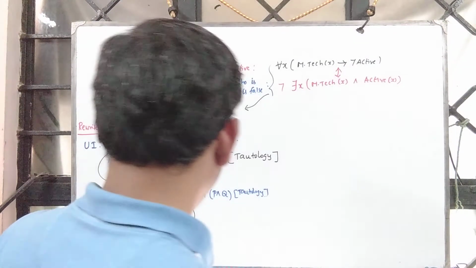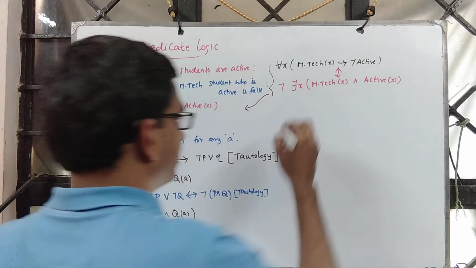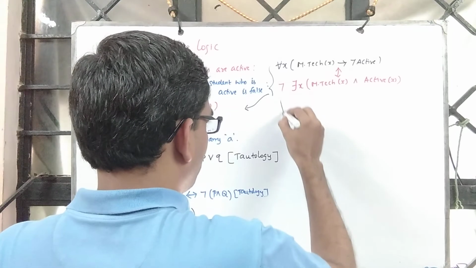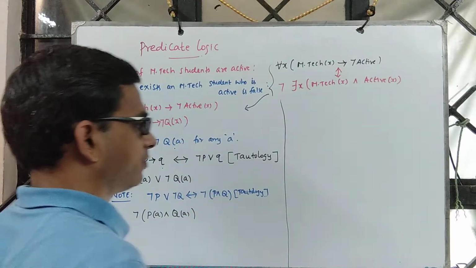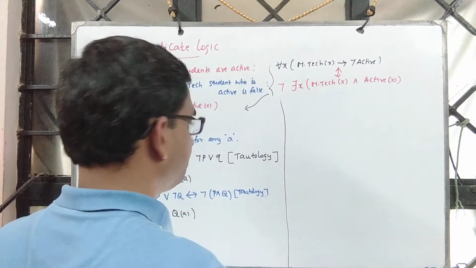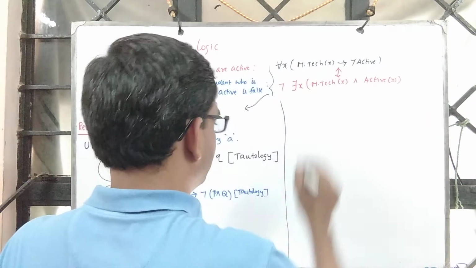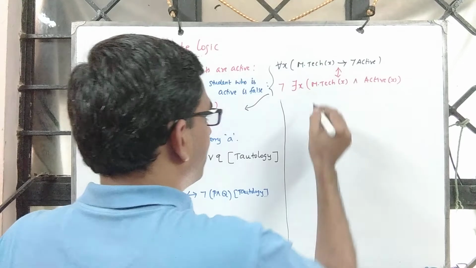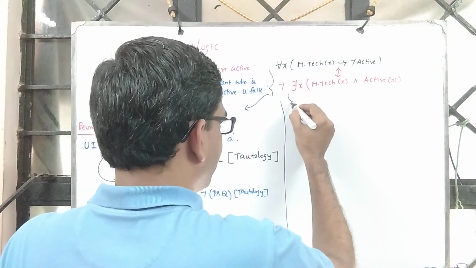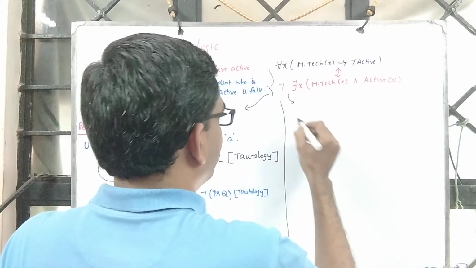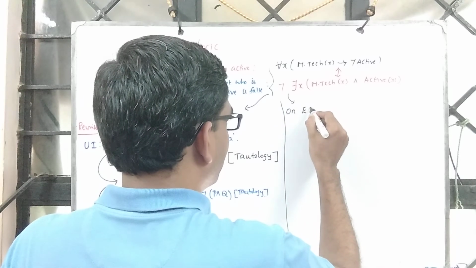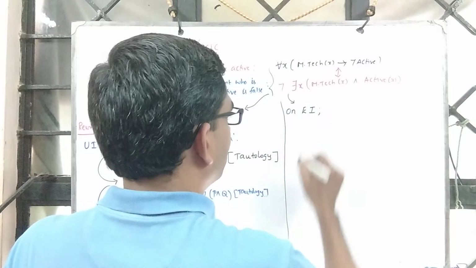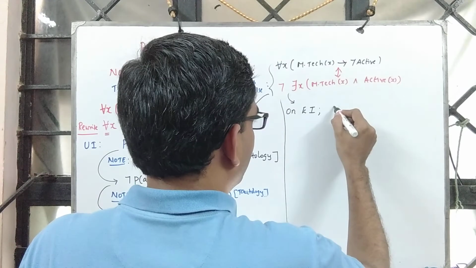So now to establish the equivalences, there are two approaches. One is through generalization. The other approach is this. You can also simplify this. On existential instantiation, this becomes what?